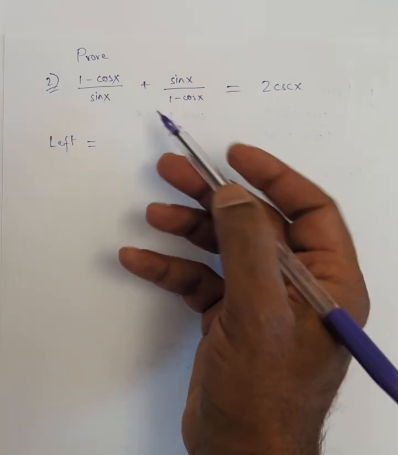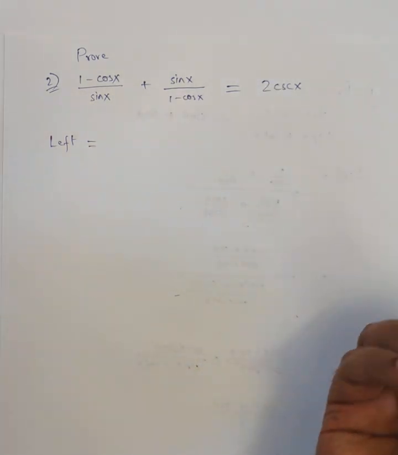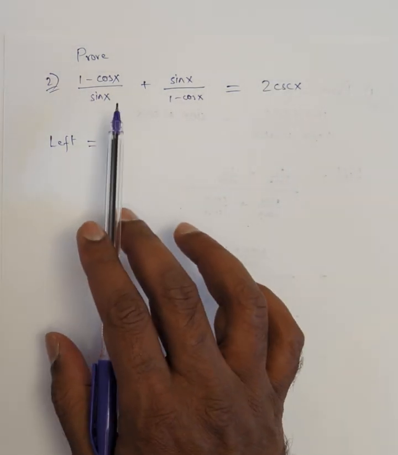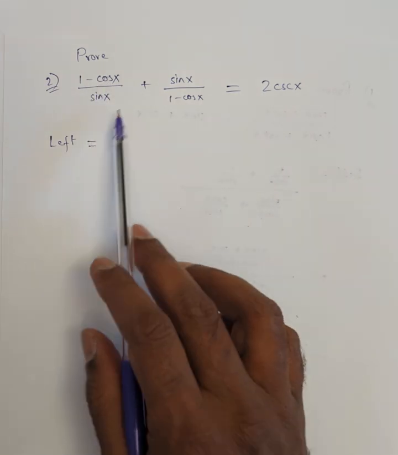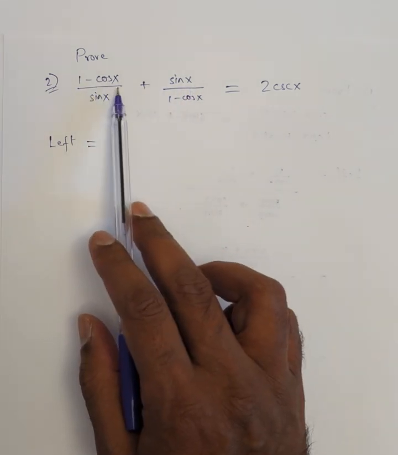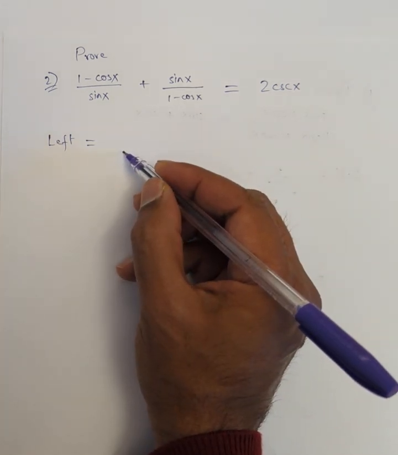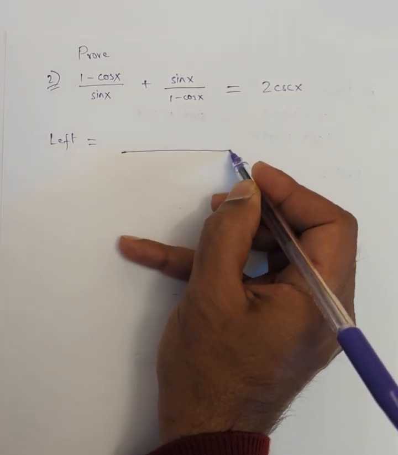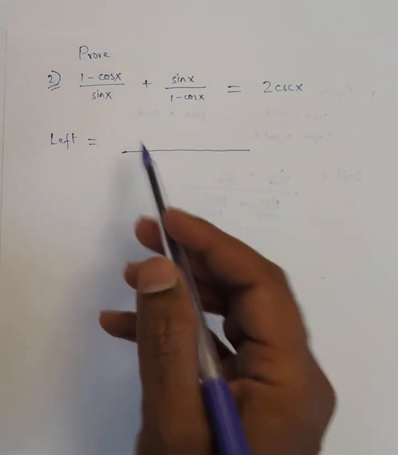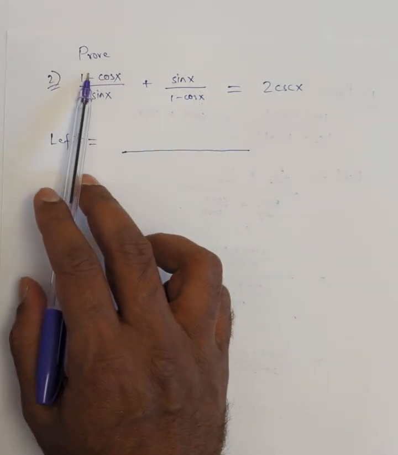Now the left side, everything is in sines and cosines, so there's nothing to be converted. But notice I have two fractions. So how do I combine these two fractions? Well, my final answer will be a whole big fraction, where the numerator is the cross product.